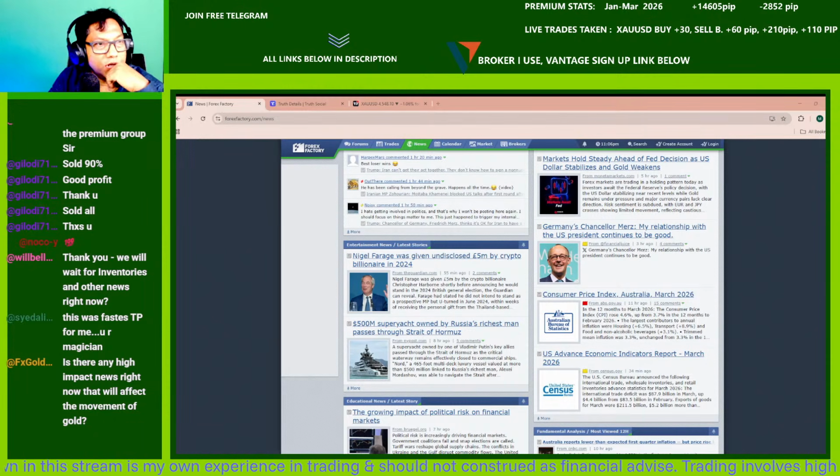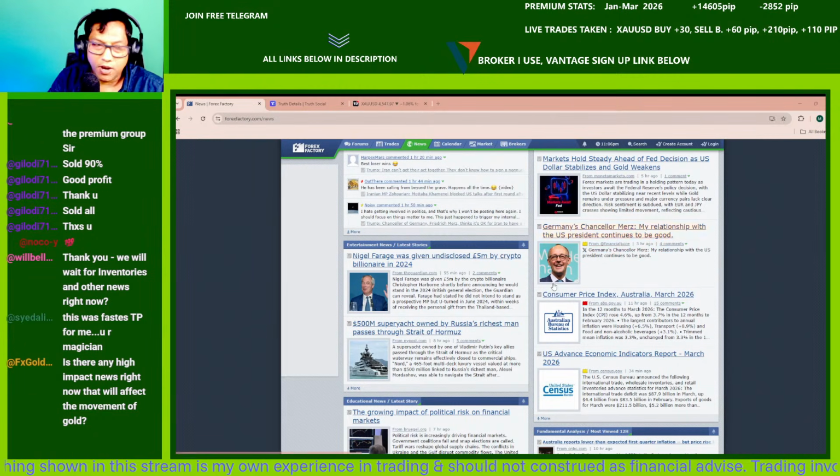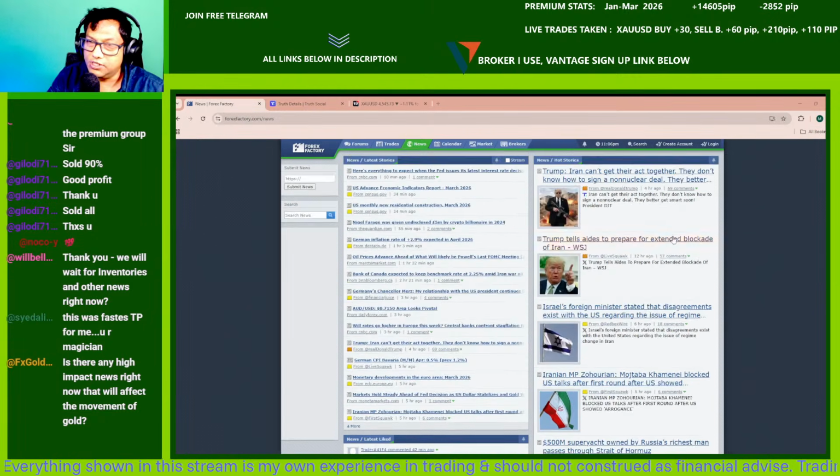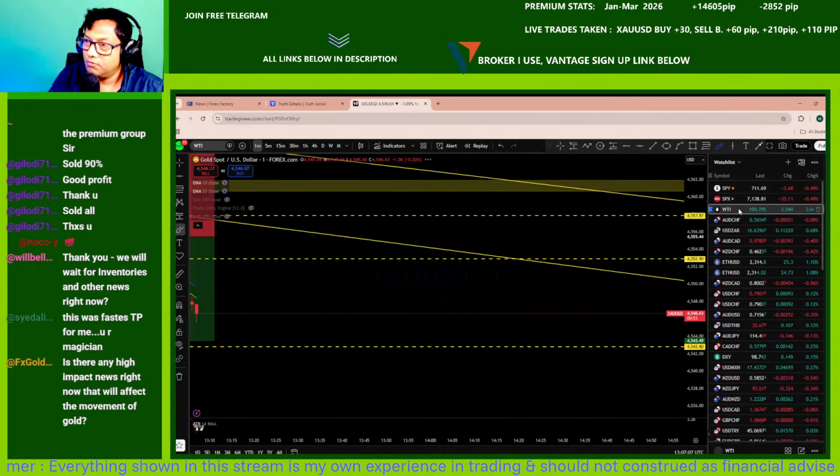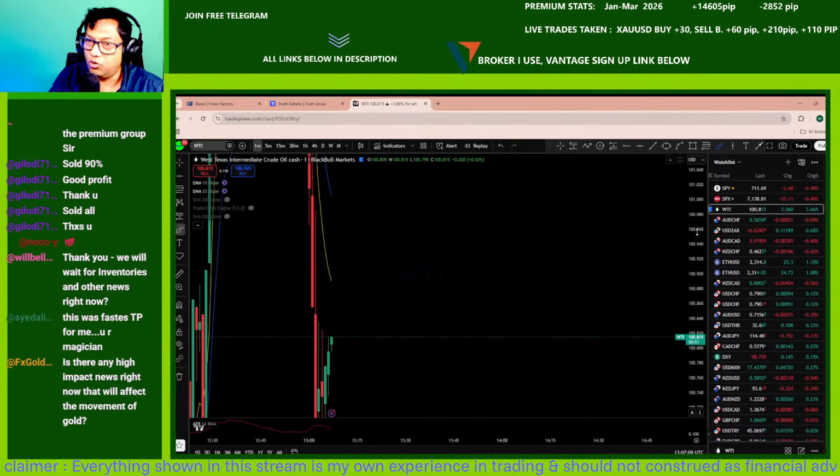Shipping through the Strait of Hormuz slows to a trickle. So it's all about the slowing down in the Strait of Hormuz, and that is speeding up the oil price. Oil is just going up and up.